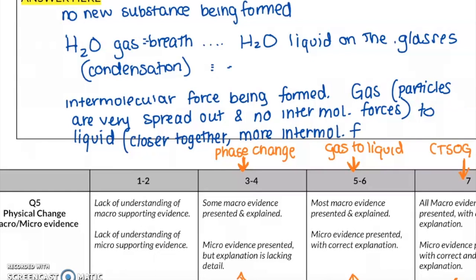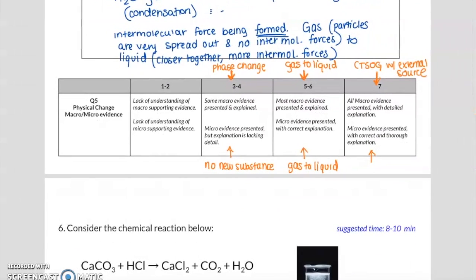Those intermolecular forces were formed through the process of condensation. So discussing the intermolecular forces, you could also talk about how the intramolecular forces did not break or form here. The chemical bonds were not broken or formed, would also be great.